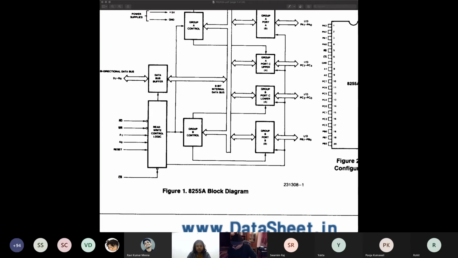CWR is the command word register, and then the command status register. That means whatever program you want to do, it is called programmable. You can write in this register, and whatever you want to read will be the status of the port chips.